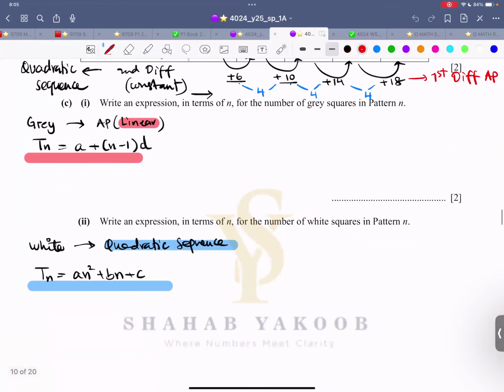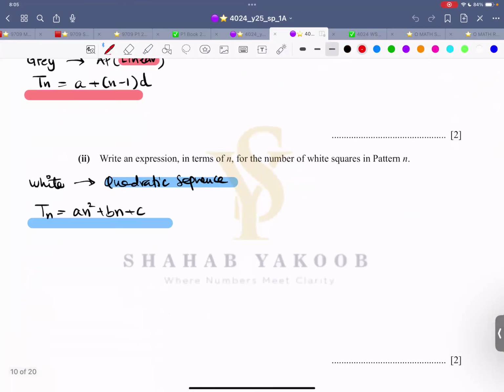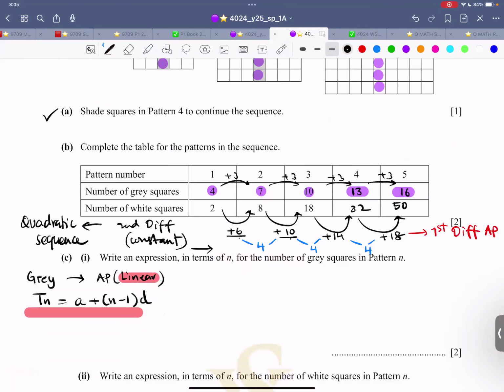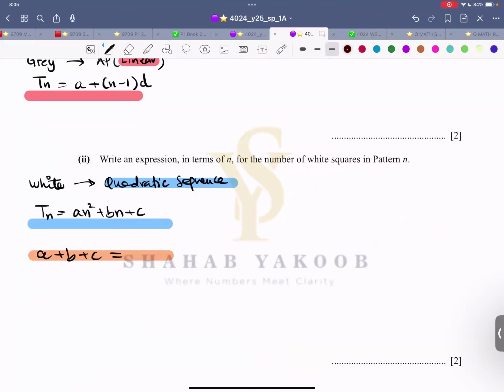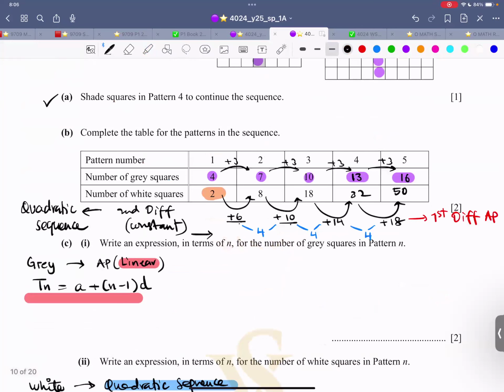So now over here, the very first thing is that a plus b plus c equals to this thing, which is right over here, this value. Let me mark it in orange. That is this 2 over here. So the first term is 2. That is equation number 1. Now this pinkish thing is the difference between these two, that is 6.